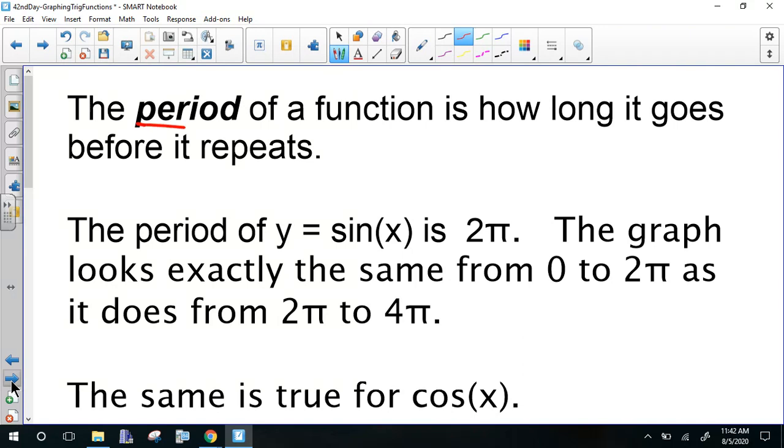The period of a function is how long it goes before it repeats. So the period of the sine function is 2 pi. The graph looks exactly the same from 0 to 2 pi as it does from 2 pi to 4 pi, 4 pi to 6 pi, and so on. And the same is true for cosine of x.